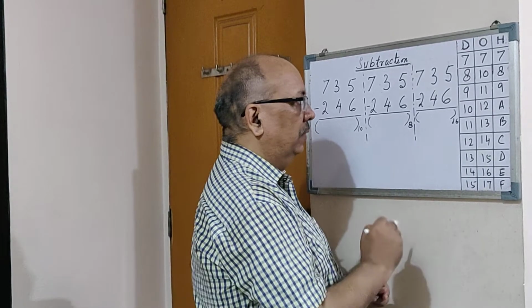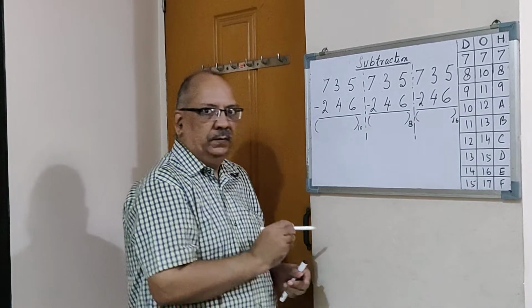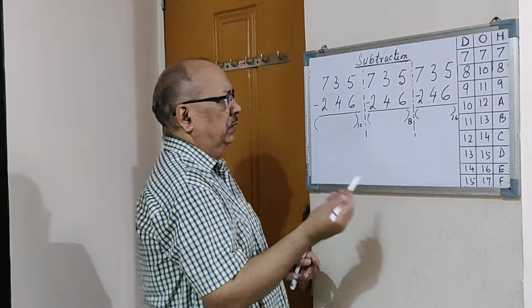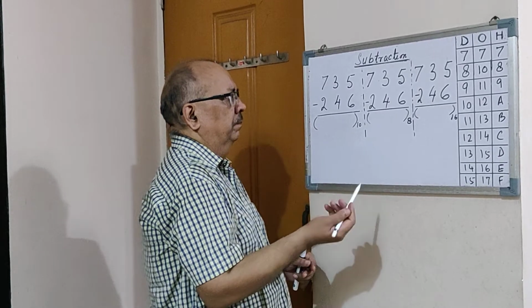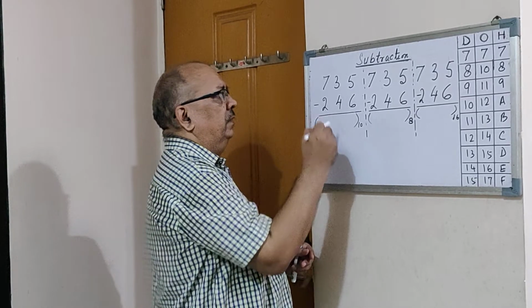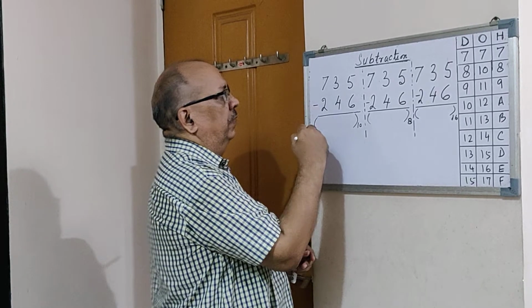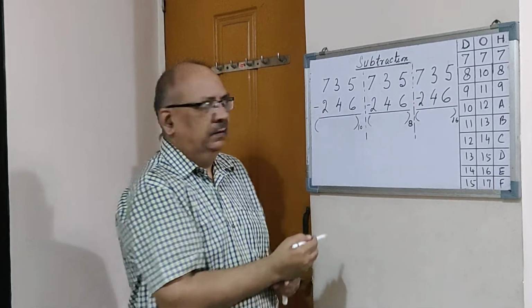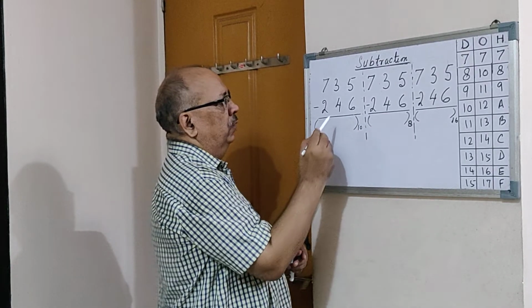Let us understand the concept of subtraction. The subtraction process is exactly as simple as what we did in earlier classes, the 9th, 10th classes. Let us understand the decimal one first, and then we can apply it immediately to octal as well as hexadecimal. See very carefully.